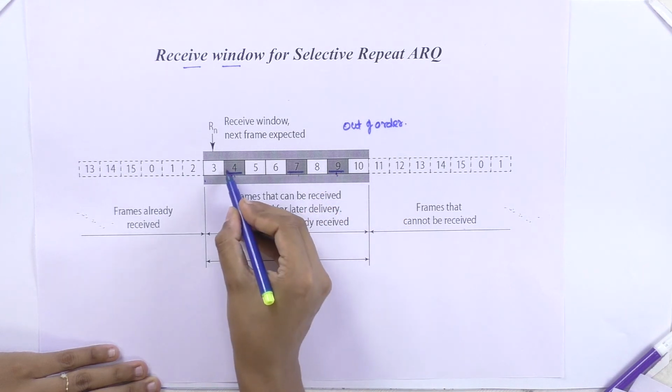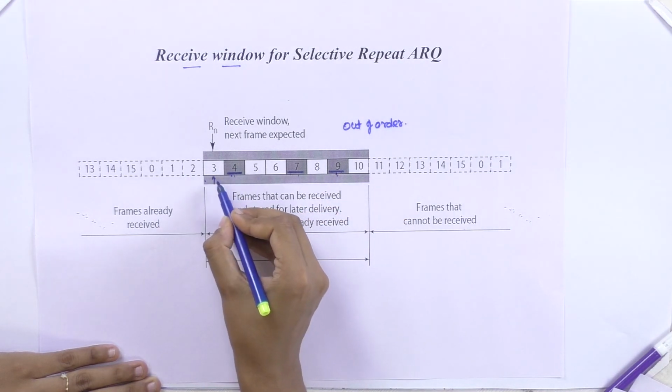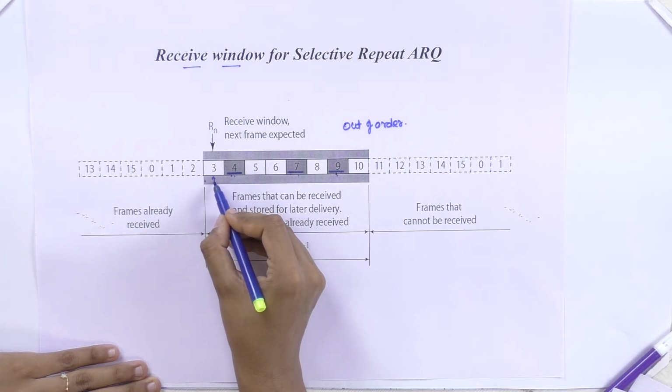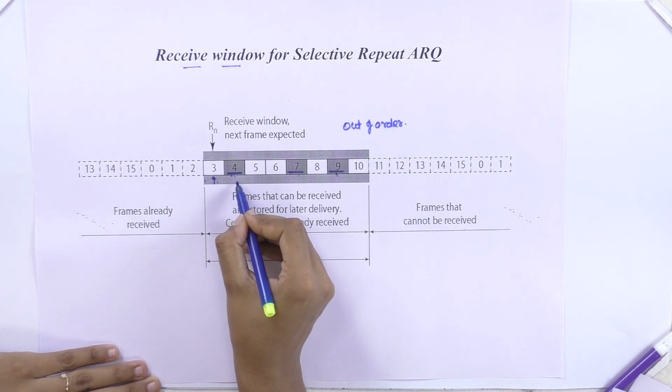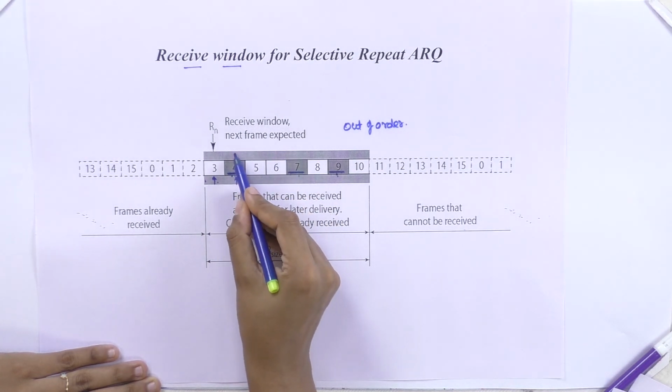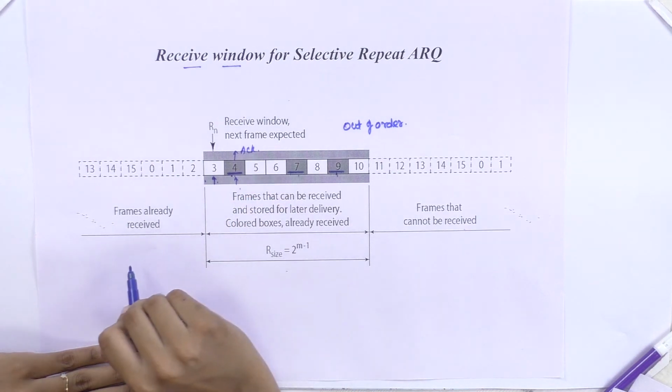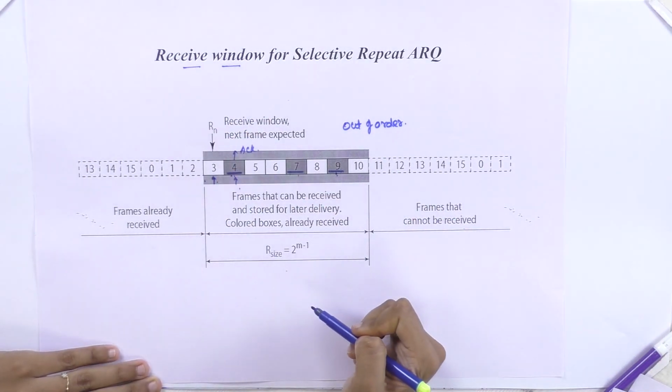So what it does, it waits for the neighbor frame to arrive, and upon the neighbor frame coming, it takes the correct sequence number and thereafter it sends the acknowledgement. So this is the concept of your receive window.